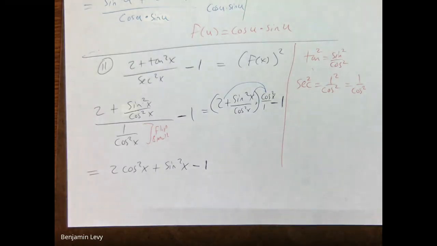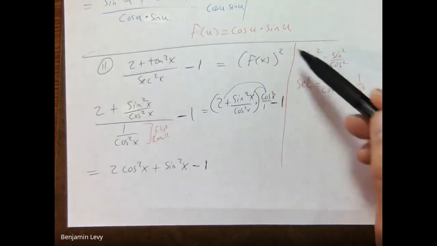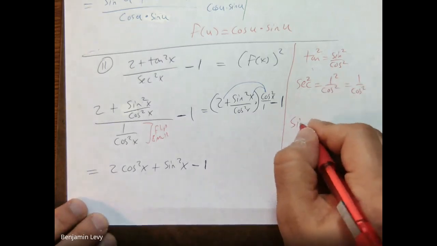So there's a couple things we can think about doing here. Right, we want this to equal something squared. And we've got some squareds going on, but we just want one thing squared. And so, whenever you're thinking about trig functions being squared or the number 1, right, sine and cosine, you should be thinking about the Pythagorean identity, which comes up almost every time, right?